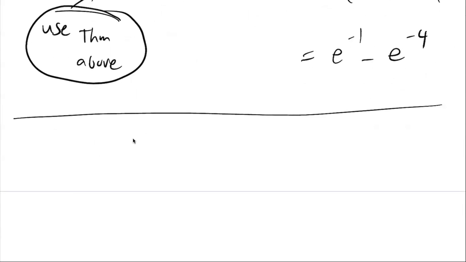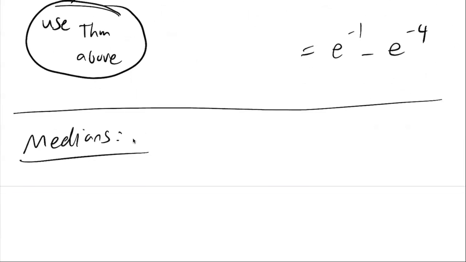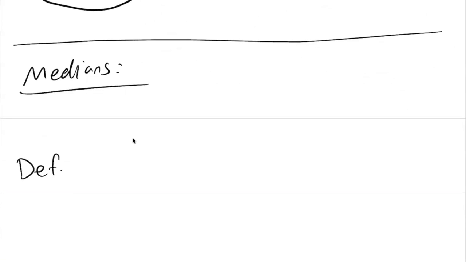I want to talk about medians. So definition: let X be a random variable.